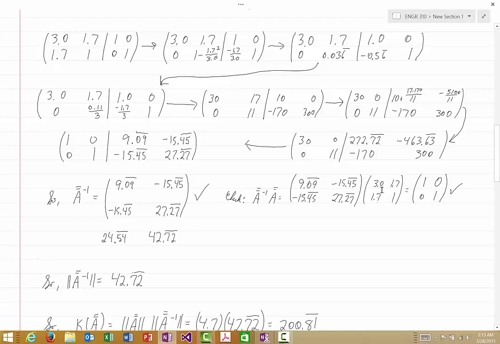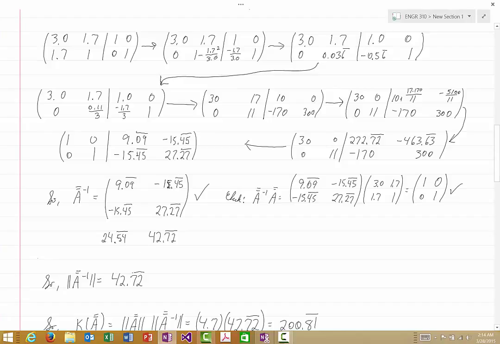And I did check that right here. I took the value I calculated for A inverse and multiplied it by the given A, and we do indeed obtain the identity matrix. So this matrix here is correct. Then to calculate the norm of A inverse, let's add up the absolute values of the numbers in the first column, and we get 24.54 repeating.